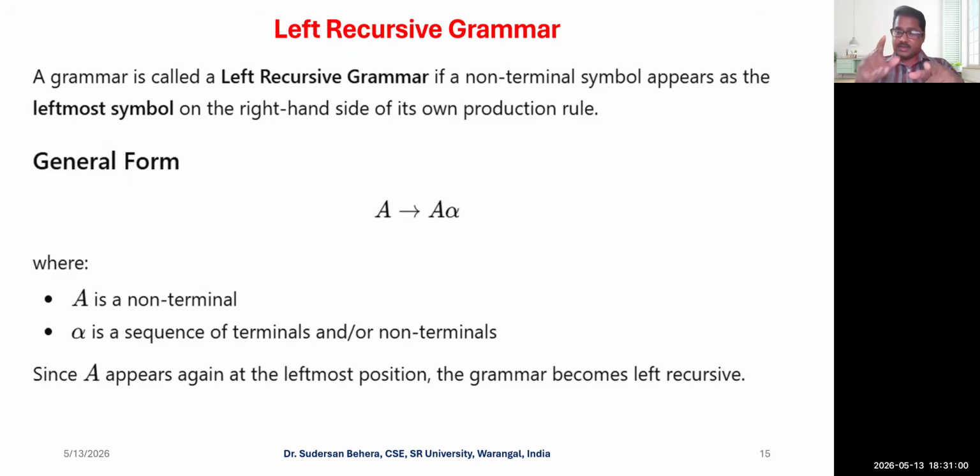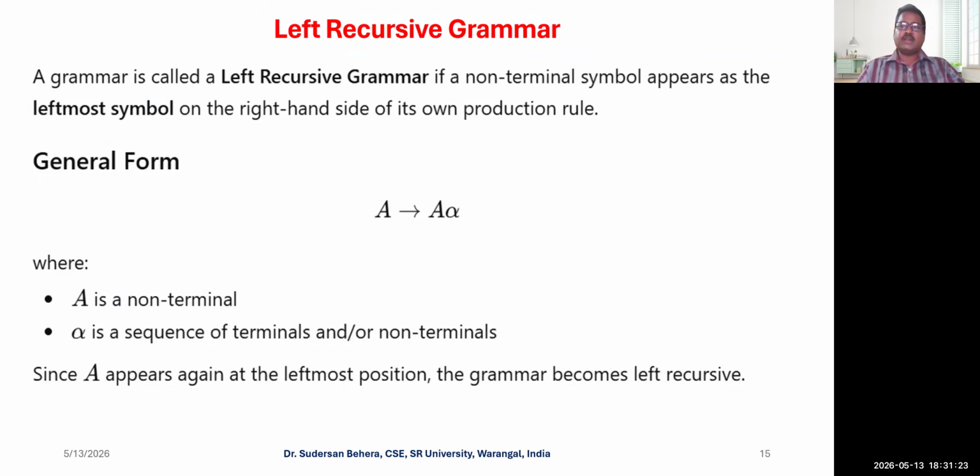But you see, the same A is again deriving A first. In the right-hand side also A alpha, the capital A is the leftmost variable in the right-hand side of the production. Here you can say A is generating itself first, then it is generating alpha, no problem.